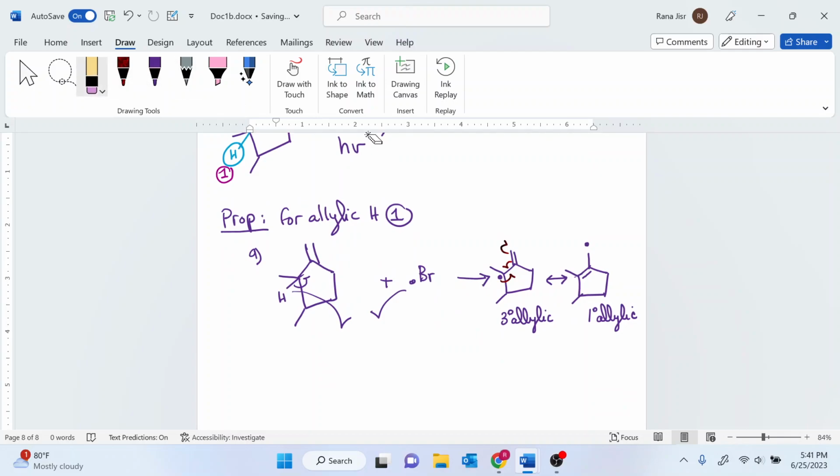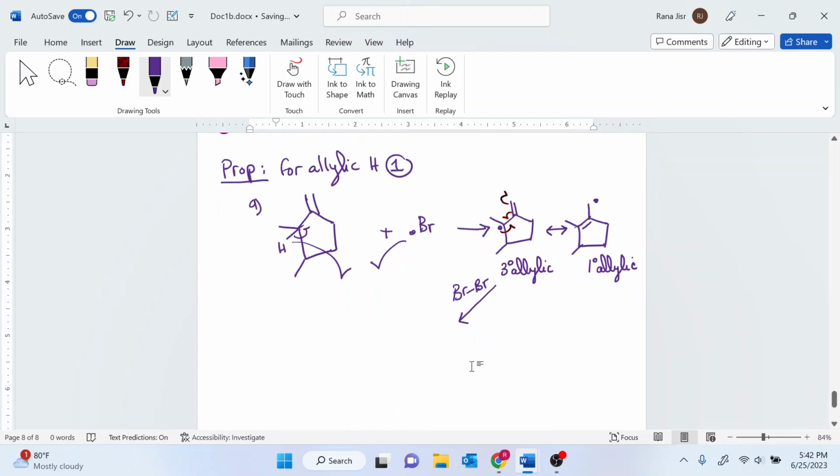So now once you get your allylic free radical, we're going to react each one of those with the second step of the propagation. And in the second step, the NBS is going to react with the HBr as we set up. And you're going to make bromine. The bromine is going to come and react in the second step.